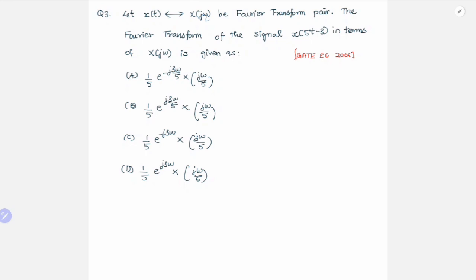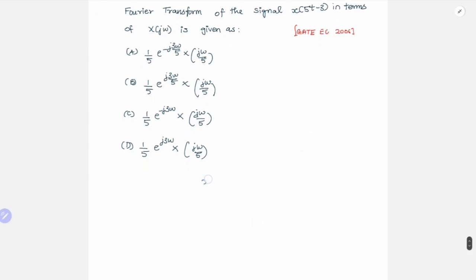Let x of t and x of j omega be the Fourier transform pair. Find the Fourier transform of the signal x of 5t minus 3 in terms of x of j omega. Okay.